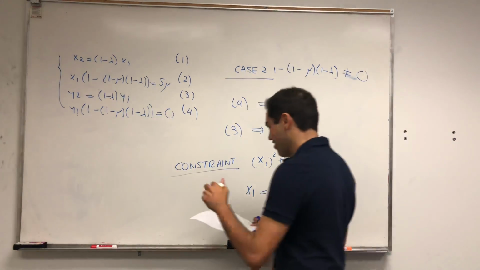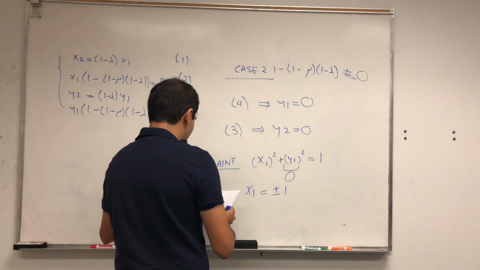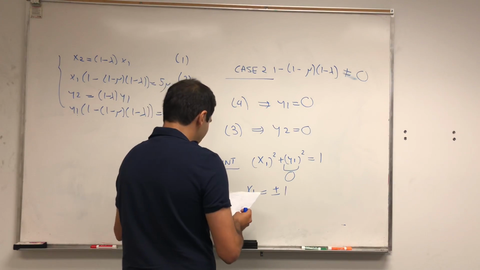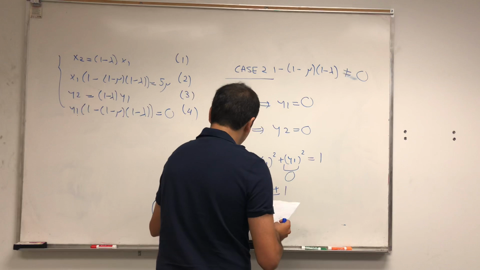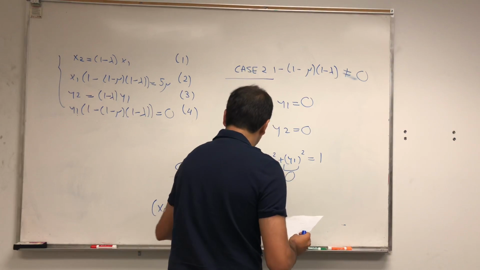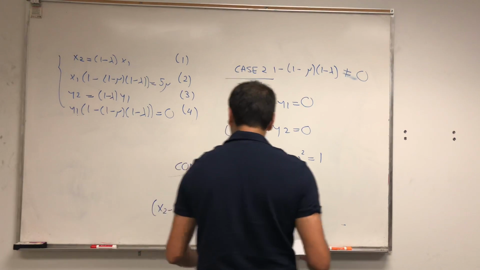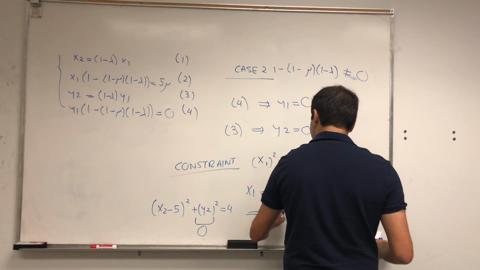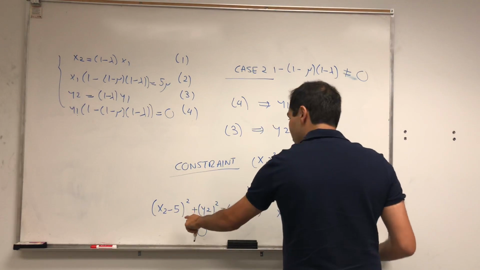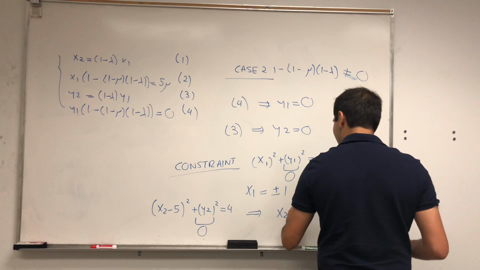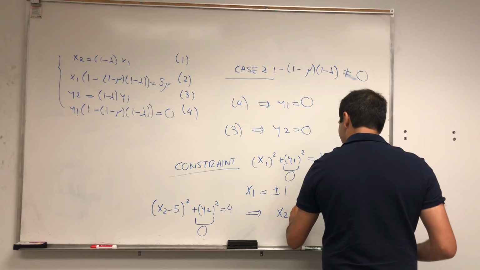And similarly for the other constraint, we have x2 minus 5 squared plus y2 squared equals 4. This is 0, so this tells you that x2 is 5 plus 2 or 5 minus 2, so it's 3 or 7.